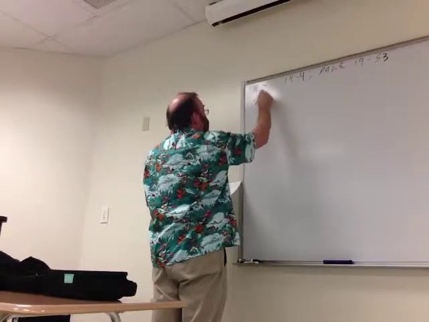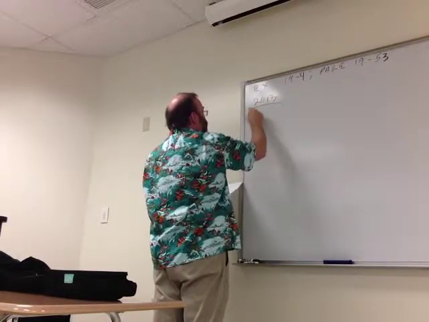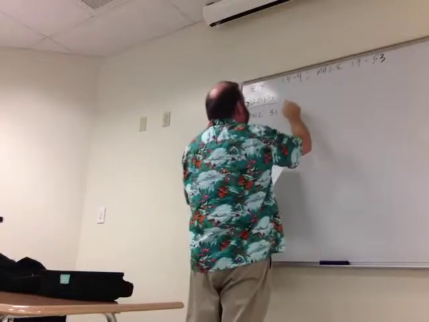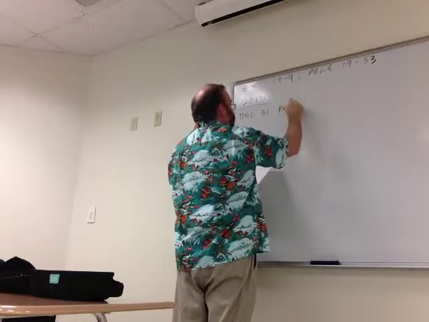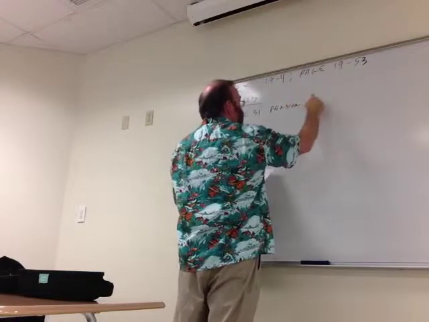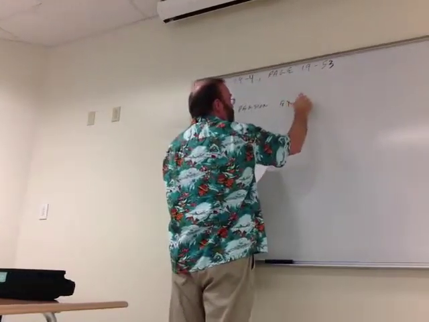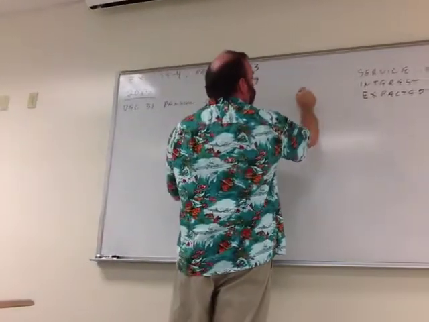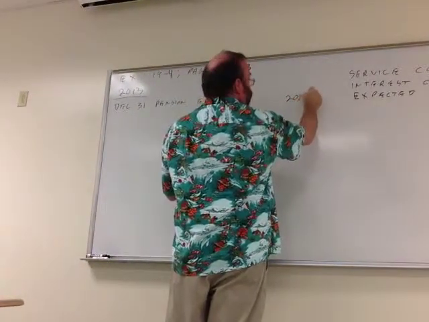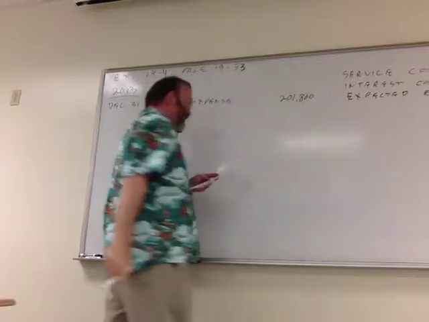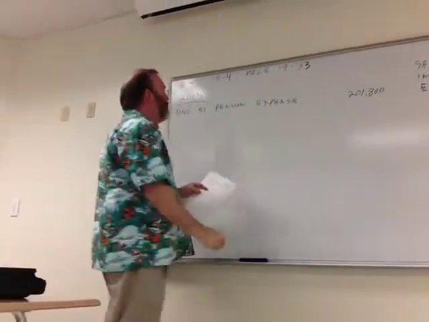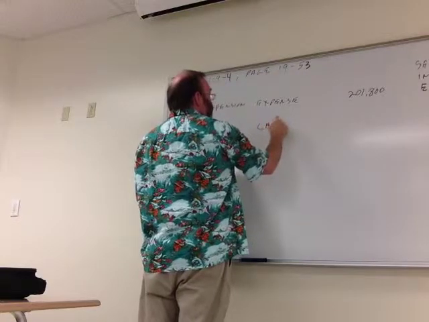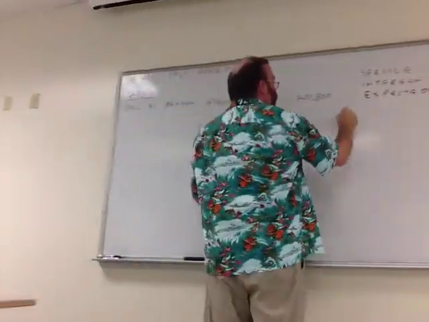So 2013, December 31, we're going to debit pension expense by the 201,800. It gives us in the problem that we're going to fund 212,000.